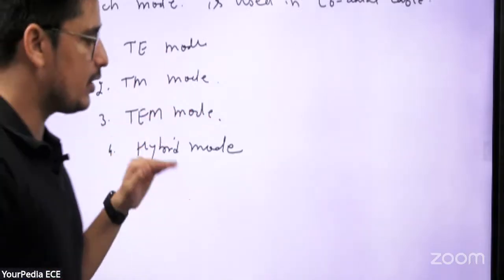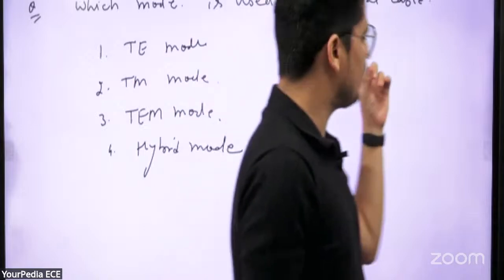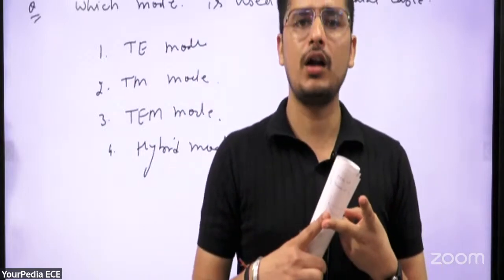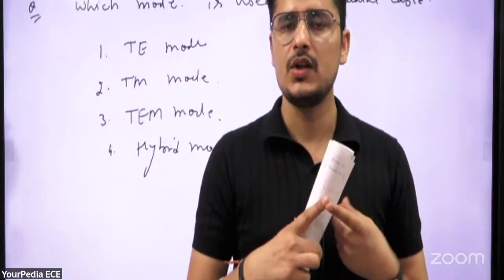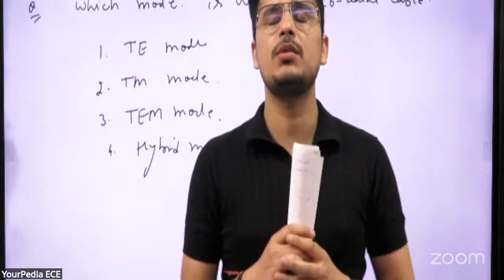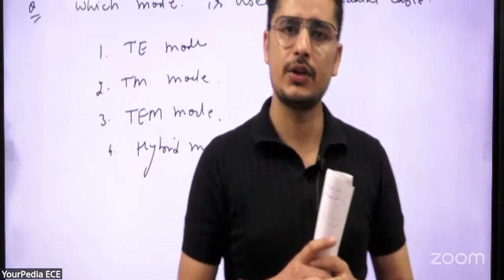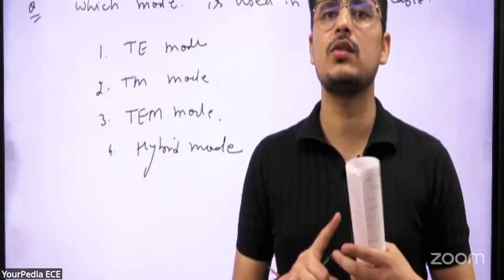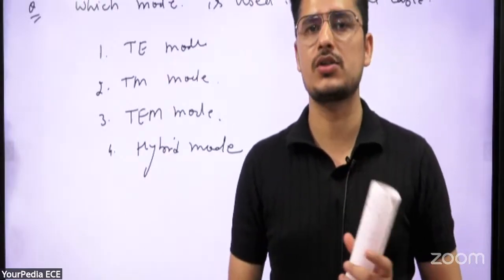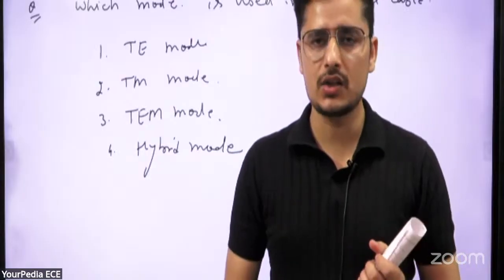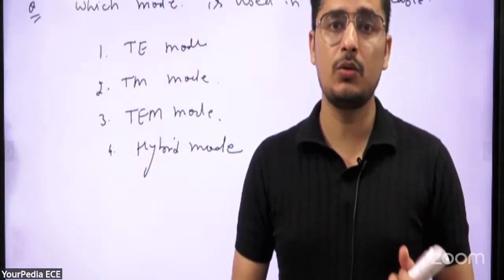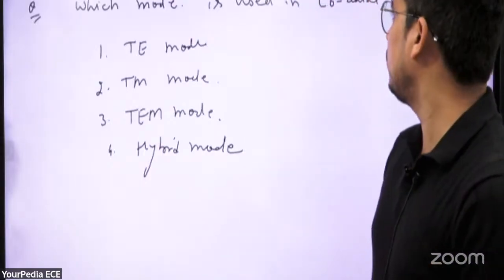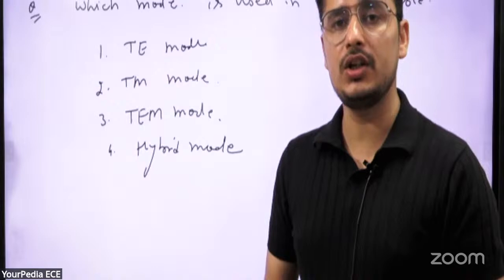The coaxial cable has two things, current and voltage. The energy will flow in the form of voltage and current. Voltage and current are always perpendicular to the direction of propagation of the energy, so that's why we are saying that the coaxial cable is also working in TEM mode, right?